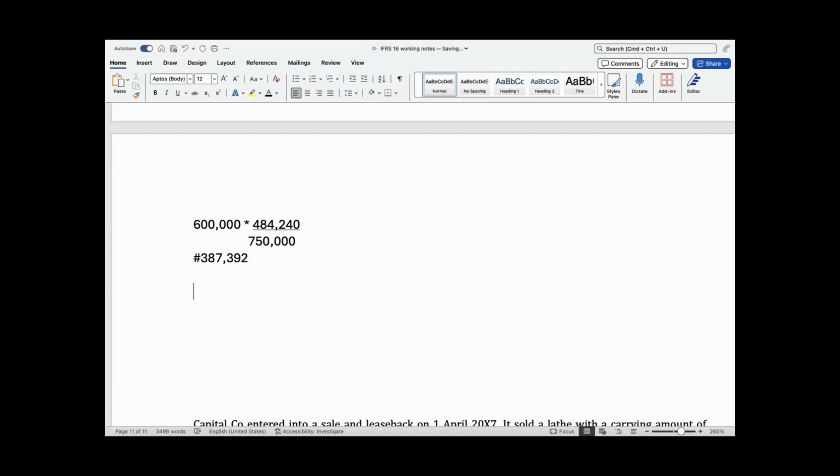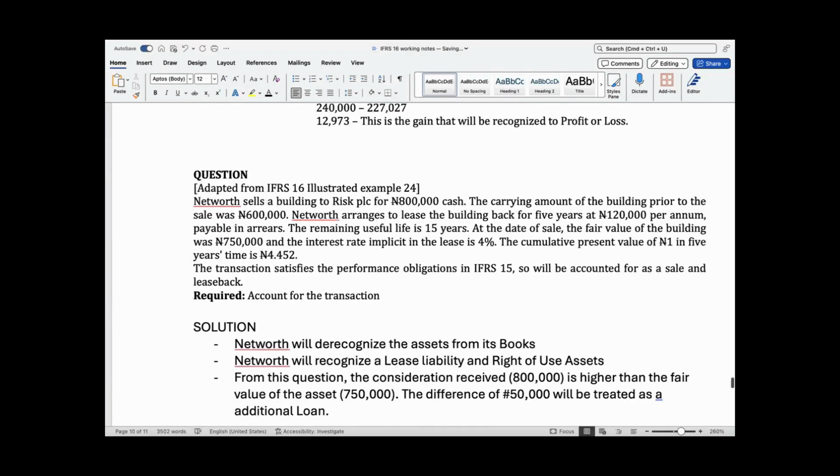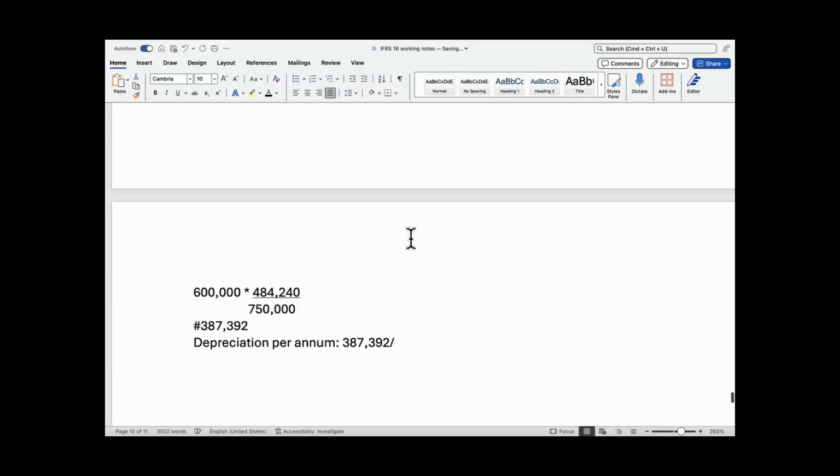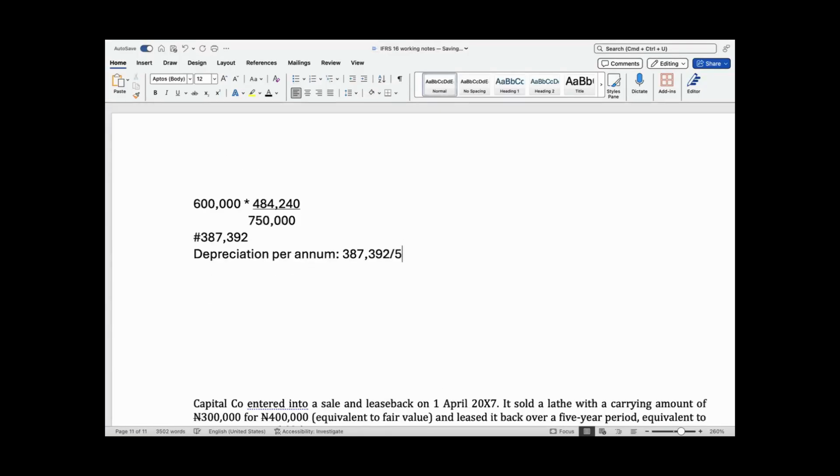Then of course, you can depreciate this. You can do your depreciation per annum, which is 387,392 divided by the lease term. And what's the lease term? 5 years. If I divide this by 5, it gives me 77,478.